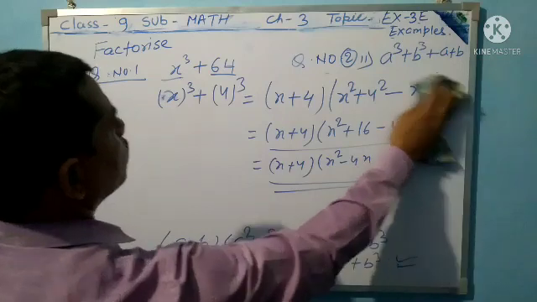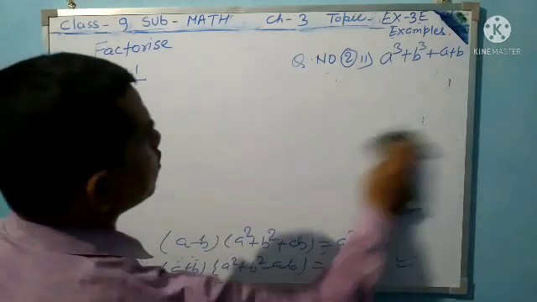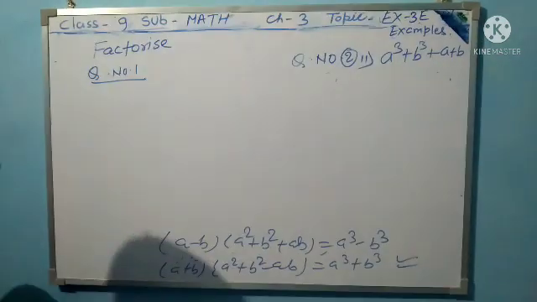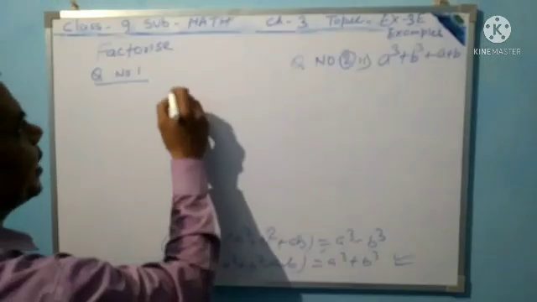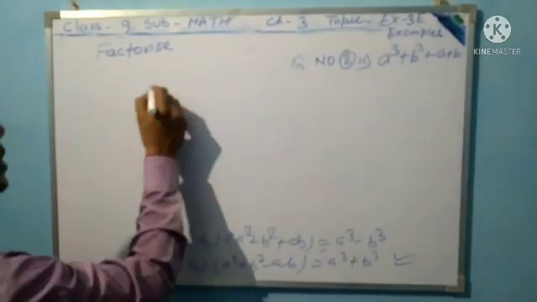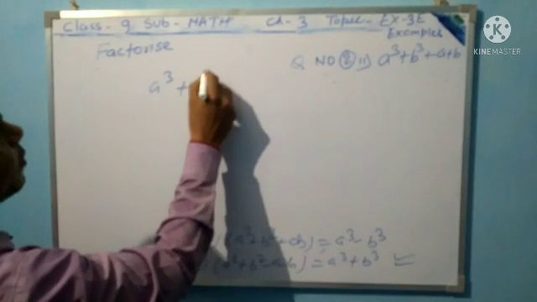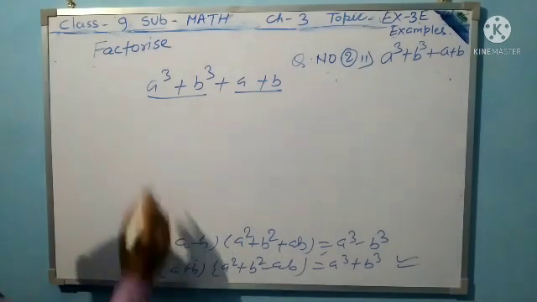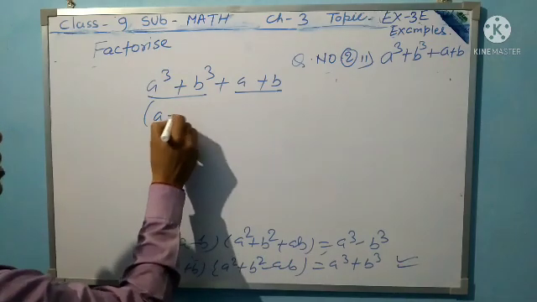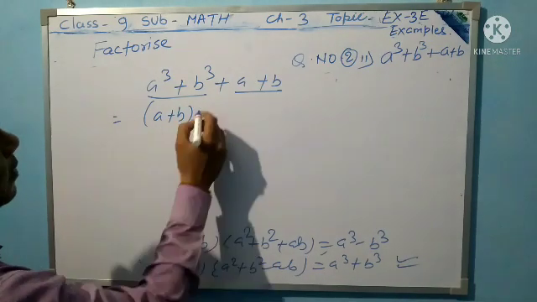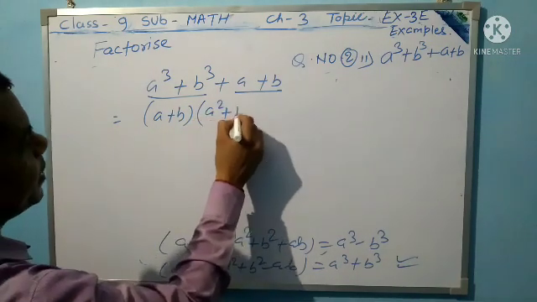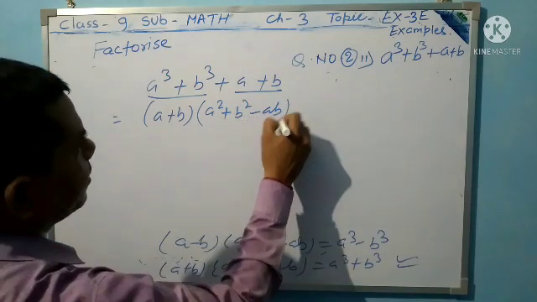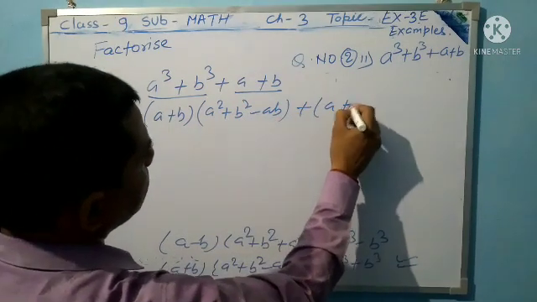Now take question number 2: factorize a cube plus b cube plus a plus b. Now a cube plus b cube is equal to (a plus b) times (a square plus b square minus ab), and now plus (a plus b).